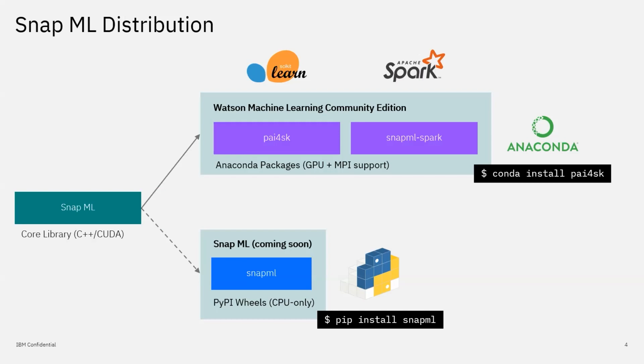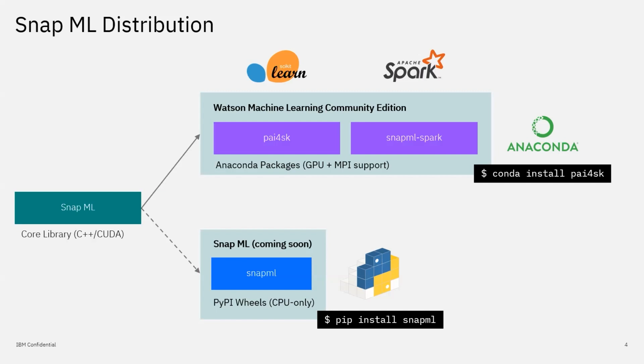Okay, so I'm going to start by talking a bit about how SnapML is distributed and how it's available today. As Haris already said, the core library is written in C++ and CUDA. And then we package that up into various different packages that the user can install. Firstly, at the top here, we have the Watson Machine Learning Community Edition distribution.